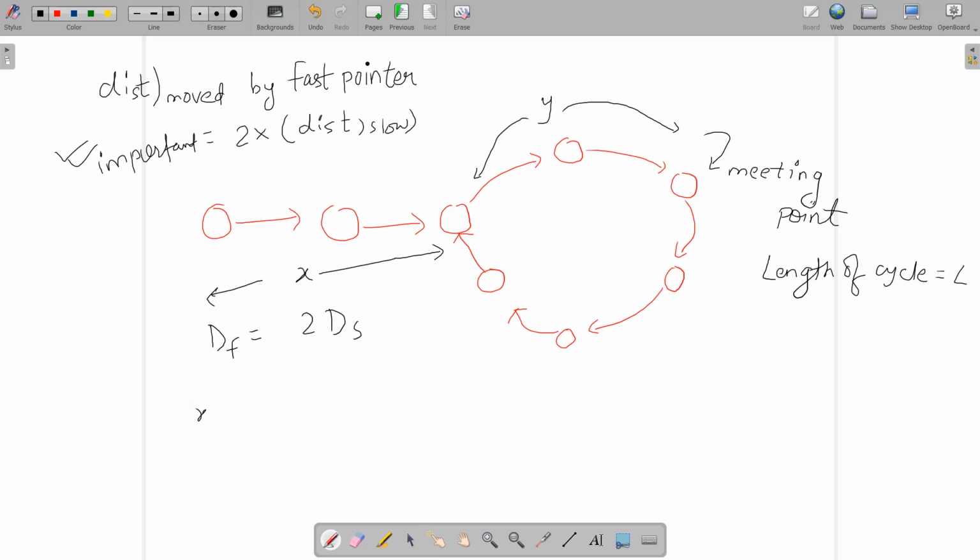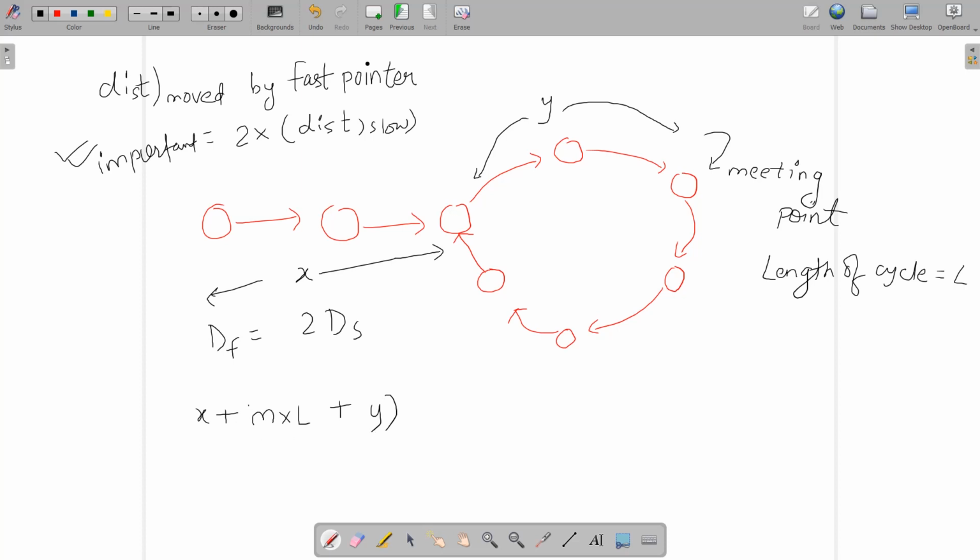So I will say x plus, since the fast pointer moves with twice the speed of the slow one, it will cover some iterations of the entire cycle length. Let's call the number of iterations m, so m times L, plus the y distance it covers to reach the meeting point.